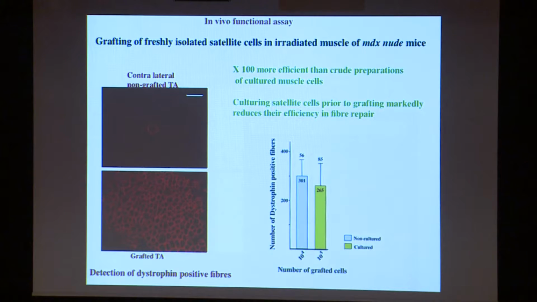We used a model of dystrophic mice, which is the Duchenne dystrophy model of MDX mice. These mice are missing dystrophin, a structural protein that is absolutely required for the stability of the fibers.